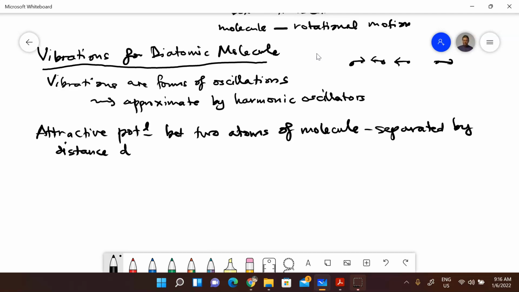For example, over here, the mean position could be here. It starts to oscillate in this way.